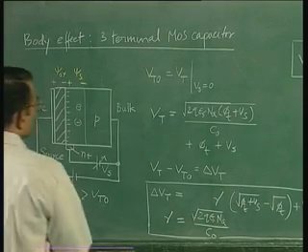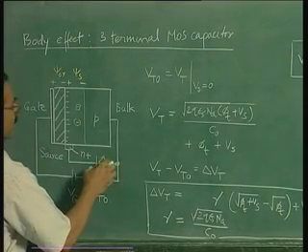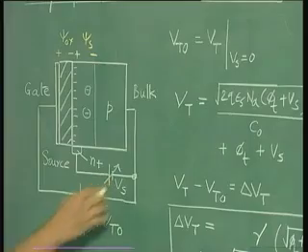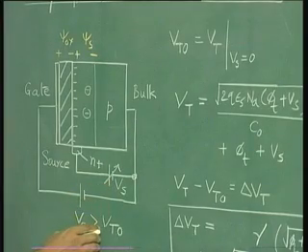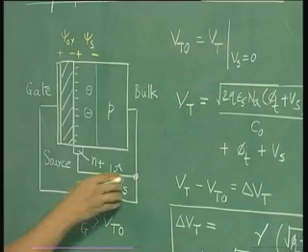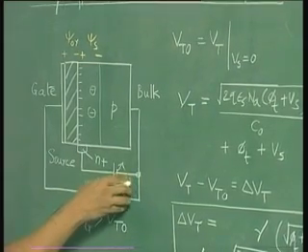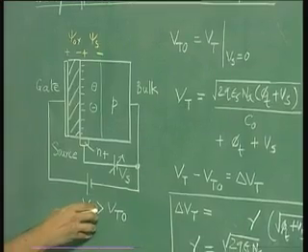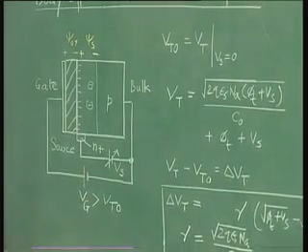Let us try to see what will happen if you keep Vs constant and you increase Vg from 0. So instead of keeping Vg constant and increasing Vs from 0, we keep Vs constant and increase Vg from 0. What is going to happen?